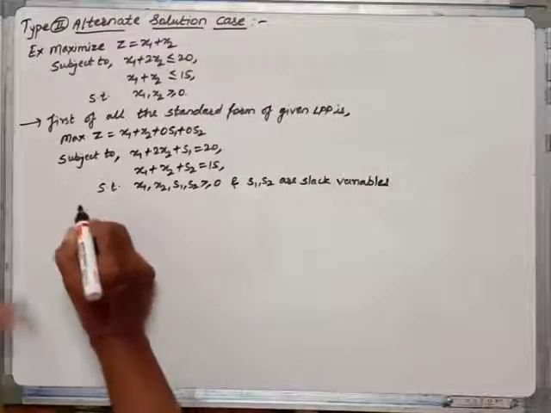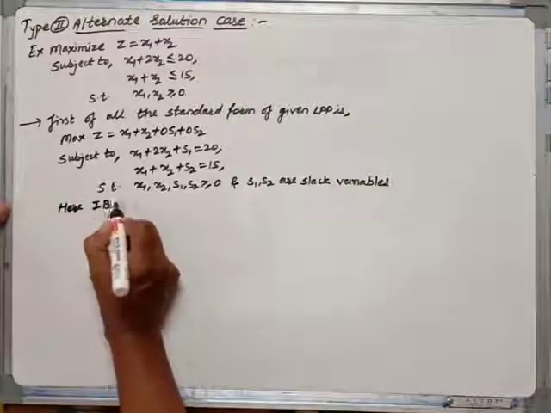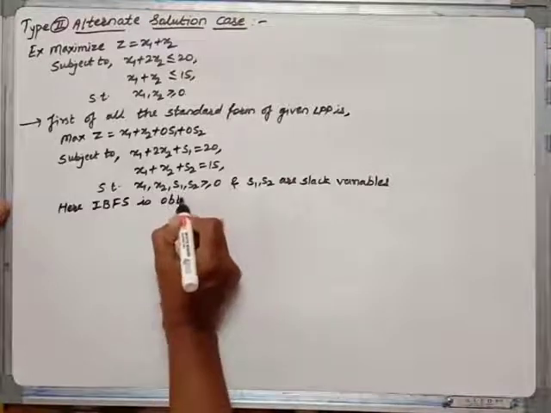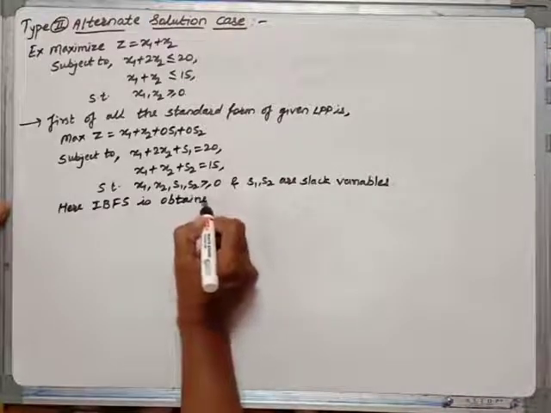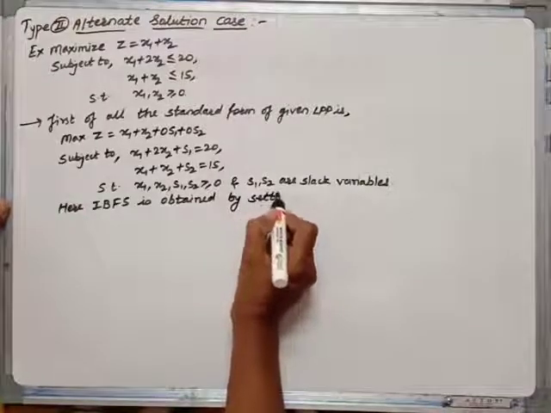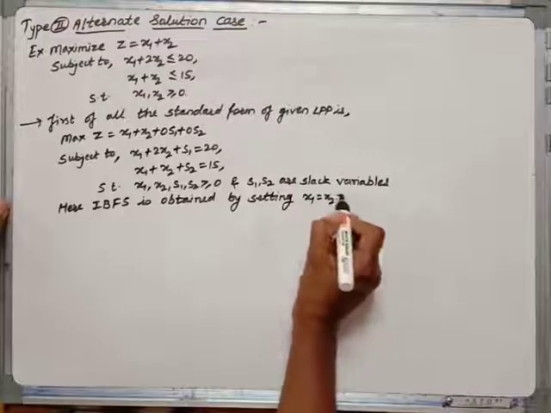Now here the IBFS is obtained by setting x1, x2 to 0.